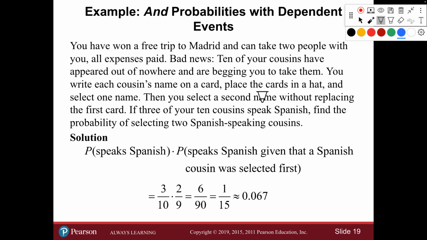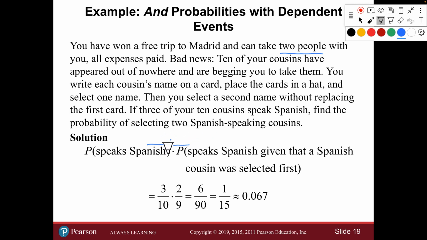And they want to go with you because you get to take 2 people with you, right? 2 people get to come with us. And so they'd like to come on that trip. And so we put each of their names on a card, place the cards in a hat, and select one name. So that's our first selection.